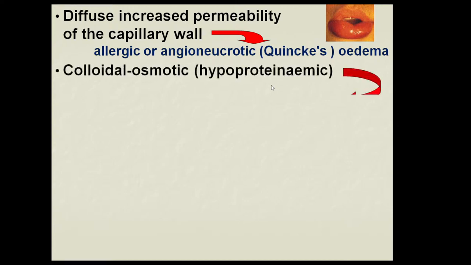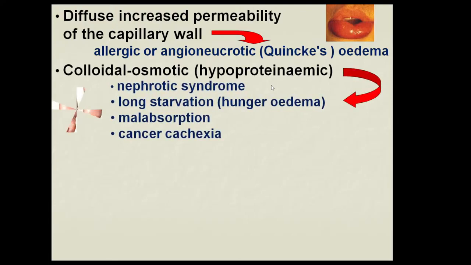Hypoproteinemic edema is characteristic for patients with nephrotic syndrome, because the loss of protein is not correlated with its synthesis. It may be a result of hunger, which starts from the lower extremities, first of all from the shins.